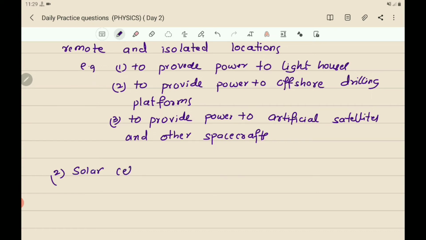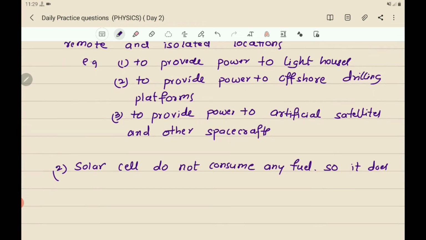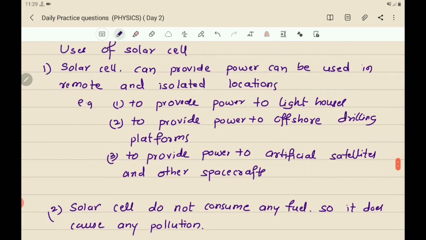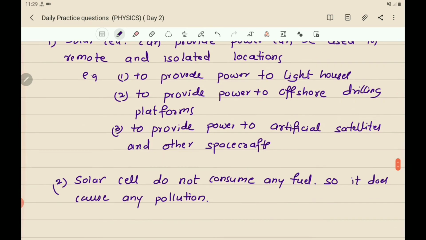Solar cells do not consume any fuel, so it does not cause any pollution. That is also one of the important uses of the solar cell.